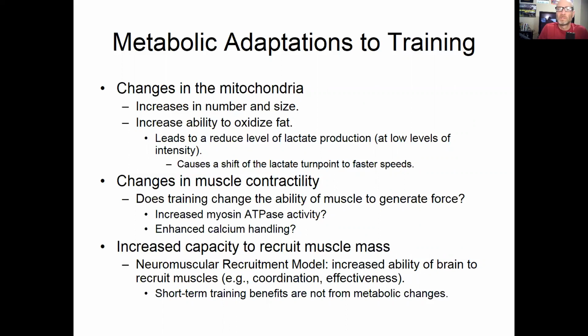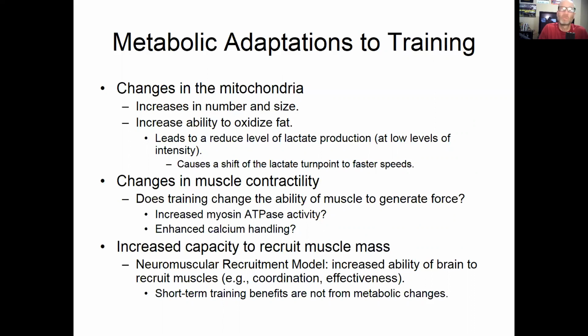There's also changes in muscle contractility, so how well a muscle generates force. Does training change the ability of muscle to generate force? Is there increased myosin ATPase activity, enhanced calcium handling, or just a better ability to recruit muscle fibers neuromuscularly, either the firing time of muscle fibers or the firing rate of muscle fibers?